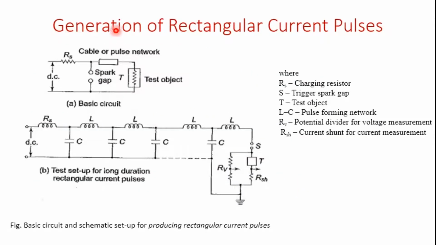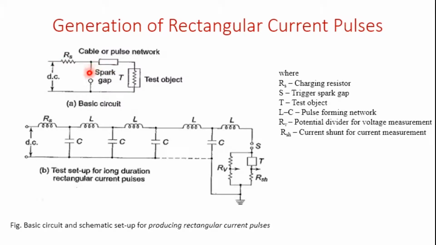Next we have generation of rectangular current pulses. Rectangular current pulses of high magnitude can be produced by discharging a pulse network or a cable which is charged previously. The basic circuit is given here: the length of cable or equivalent pulse forming network is charged to some specified value with the help of a DC supply.